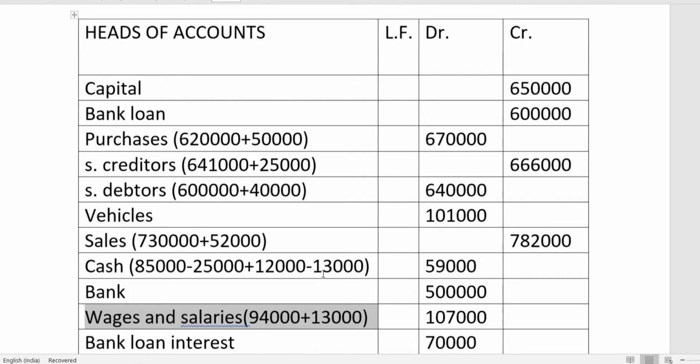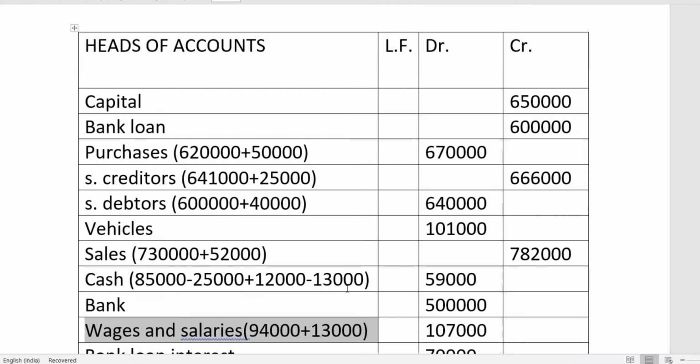After that, as usual, I have placed the items according to the trial balance rule. In credit, all incomes, liabilities and gains we write on the credit side, and on debit we write all expenses, losses and assets. Capital, credit side as usual. Bank loan is a liability, credit side. Purchase is an expense, so debit side. Sundry creditors is a liability, credit side. Sundry debtors, asset, debit side.